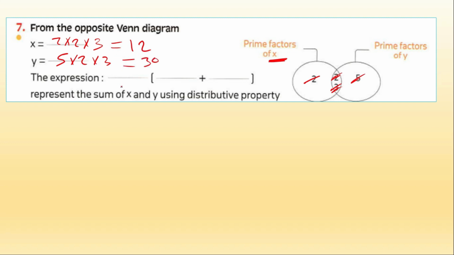The expression now: we said the first value refers to the greatest common factor, which is the common factor in the two circles or two ovals. So it will be 2 times 3, which is 6, the greatest common factor.